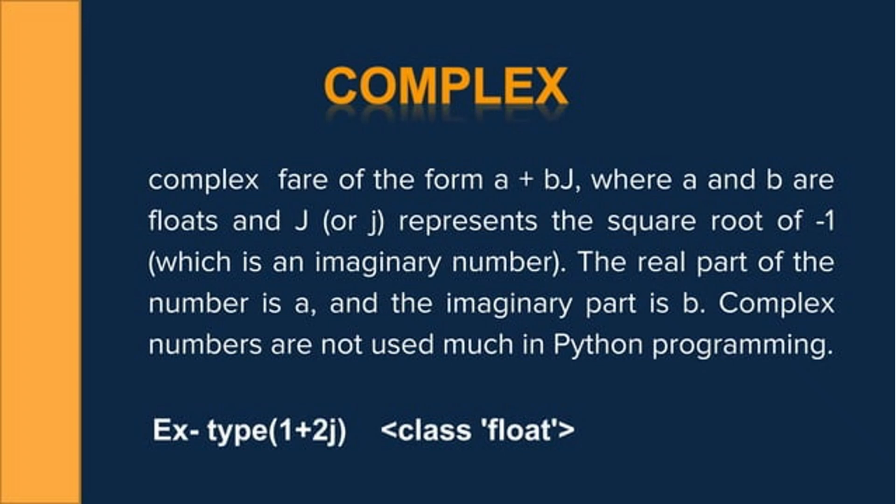So on the screen you can see that type of 1 plus 2j is shown as class float, which means type 3 plus 4j returns a class called complex. Sorry, there is some mistake on the screen. Class complex should be written. It is written class float. Just make a small correction. That is a class float. Sorry, class complex in the example given.